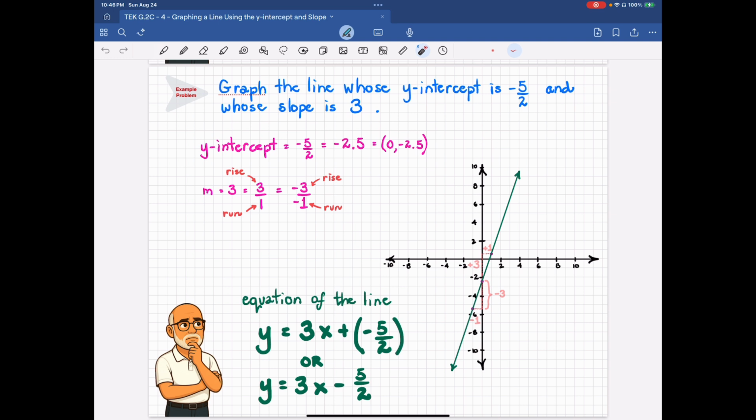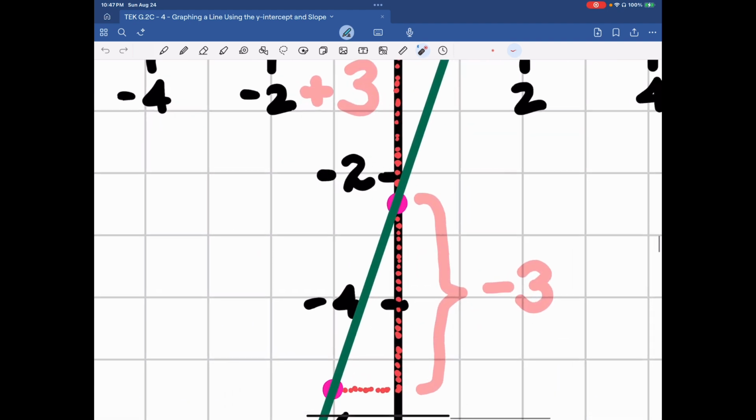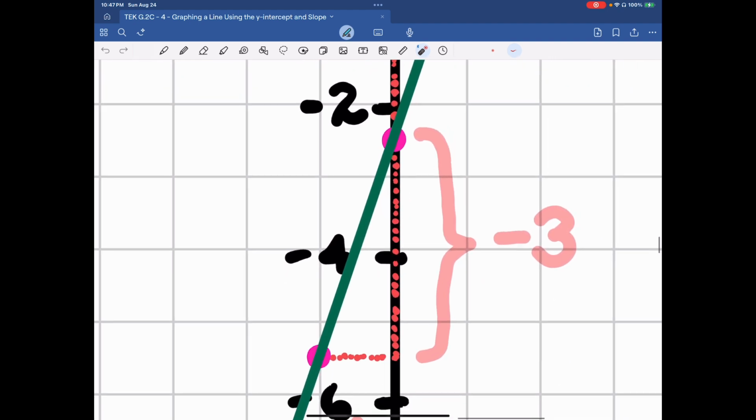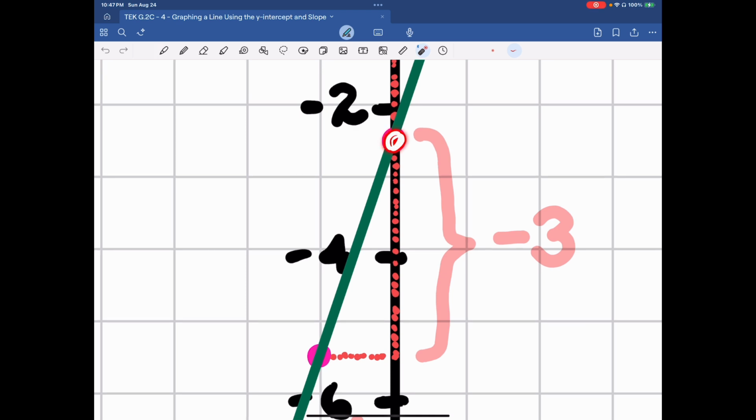So we're going to follow the exact same procedure we did on the previous problem. We are going to graph our y-intercept. So I'm going to come over here, and I'm going to go down to a negative 2.5. Notice right here, I put my dot at that halfway mark between negative 2 and negative 3.